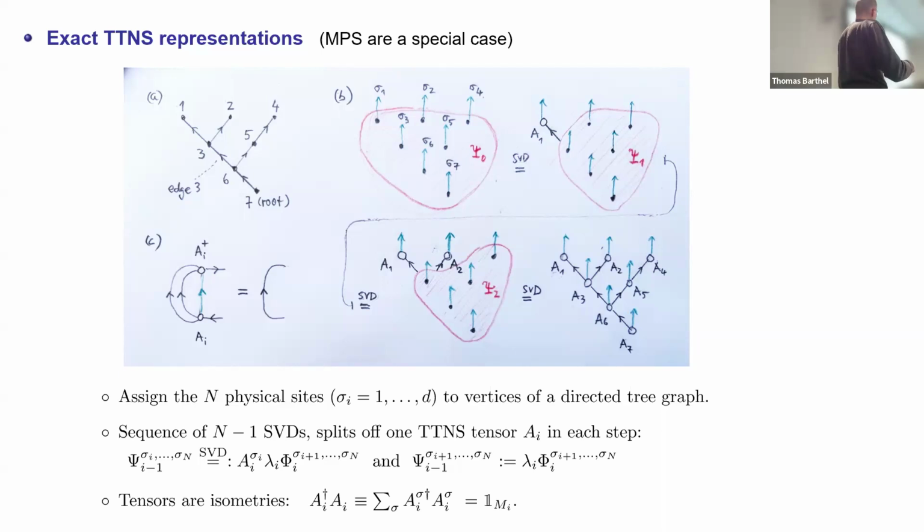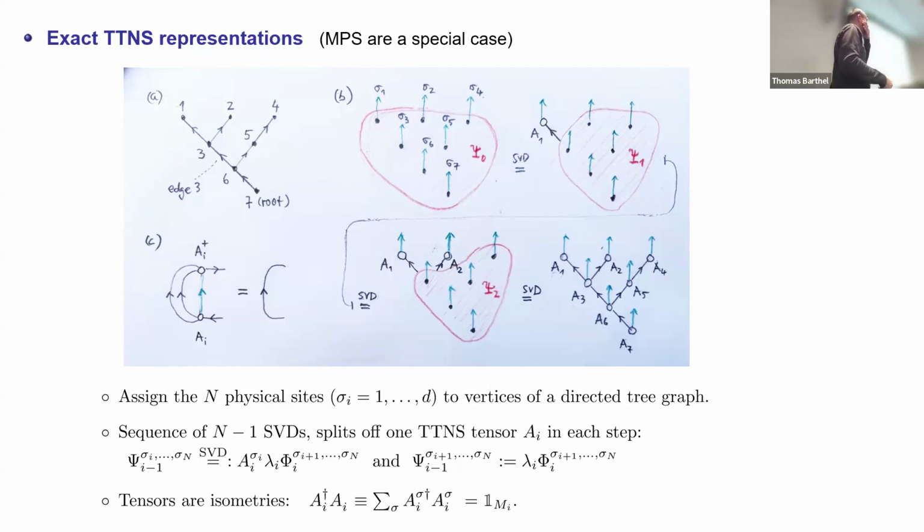This gives you one unitary or isometric matrix A1, and another isometric matrix which you combine with the singular values into this new tensor psi 1. Then you just continue. Next, we split off with another SVD this tensor A2, and then we go on. For now we do not make any approximations. We just get an exact tree-tensor network representation of the initial state.